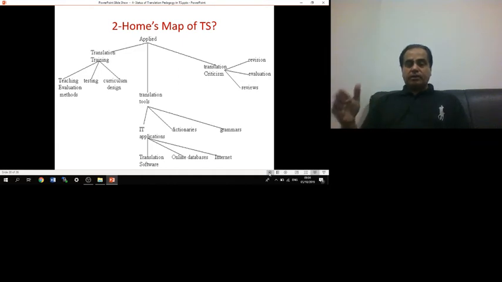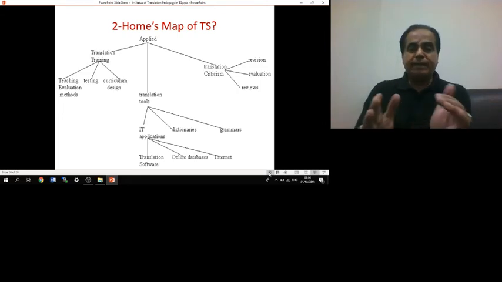On the right side you see translation criticism. This is again the applied side. In translation criticism we have revision of translation, evaluation of translation, and then we have reviews on the translated text or on the translators, and so on and so forth.